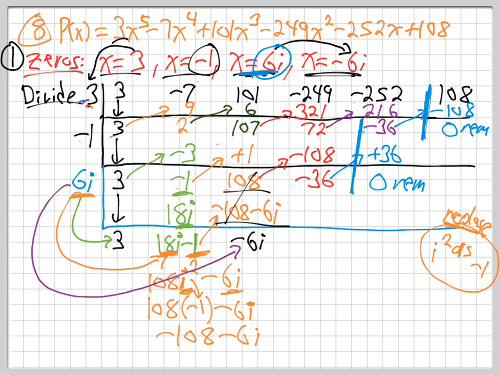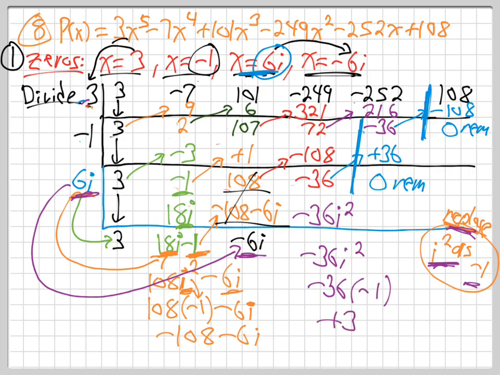And then let's do our last step here. 6i times minus 6i is minus 36i squared. Minus 36i squared, right? Because 6i times minus 6i, 6 times minus 6 is minus 36, i times i is i squared. And again, what do we do with i squared? We leave regular i's, but i squareds, we replace as negative 1.